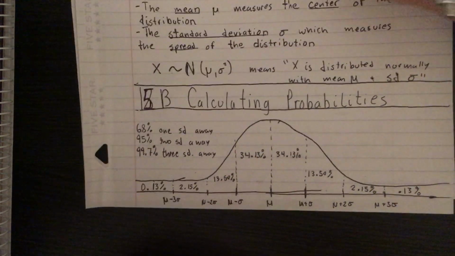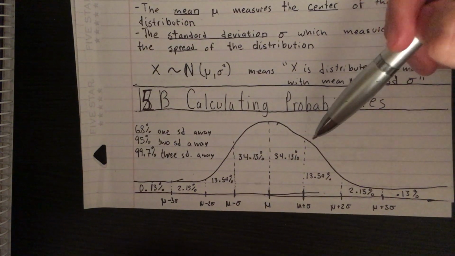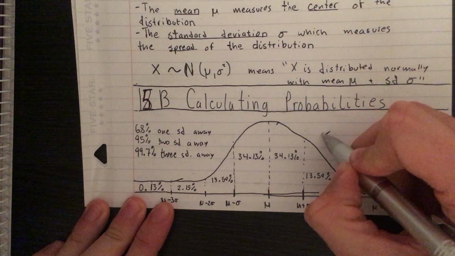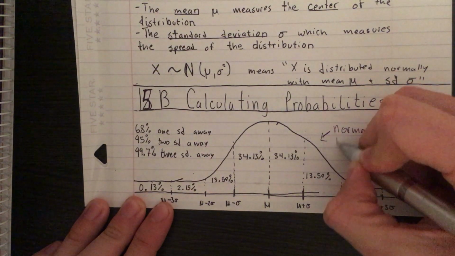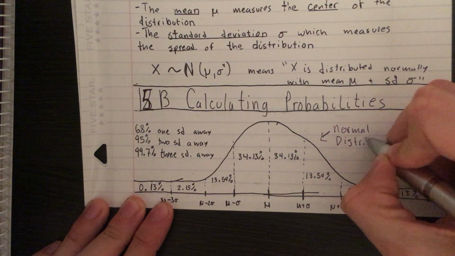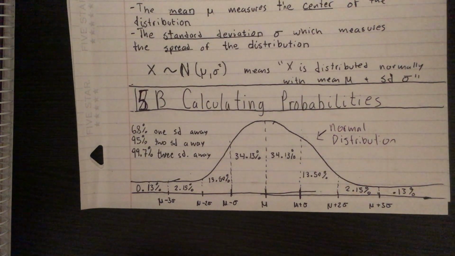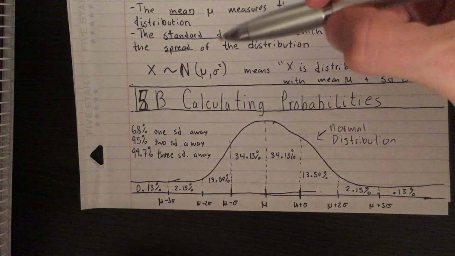So this right here is a standard normal distribution curve. Every normal distribution that we're going to draw in here is going to look something similar to this. If we know that a distribution is normal, every normal distribution follows this pattern right here.